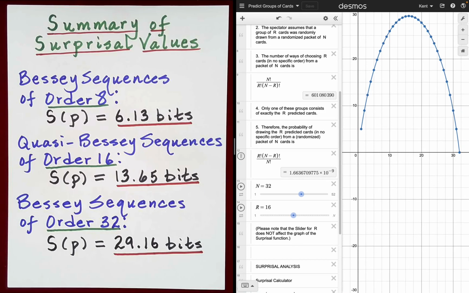You had no clue. And the surprisal value of 29 bits for Bessey sequences of order 32 is the same level of surprise one would experience in acing a 29-question true-false quiz without having studied at all, and you just randomly guessed each and every one of the answers. But nonetheless, you got all of them correct. So that would be another interpretation for 29 bits of surprisal.